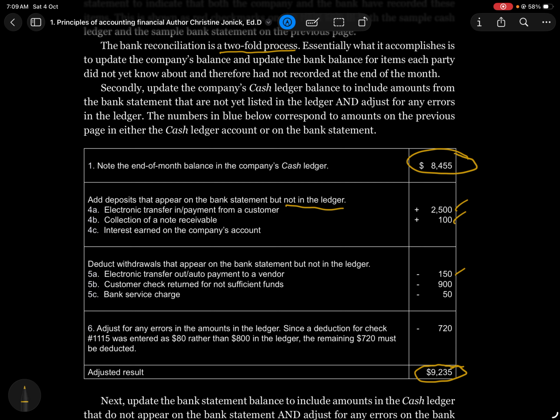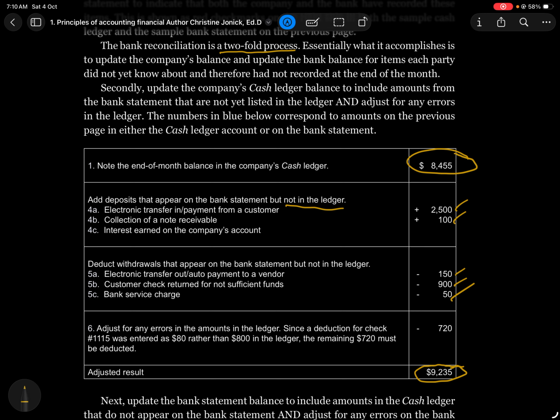Some people might have missed recording those, right? Then checks returned: we issued a check to a vendor and recorded it, but it was not sufficient funds, so in that scenario as well we could adjust, minus 900 bank charges, right?